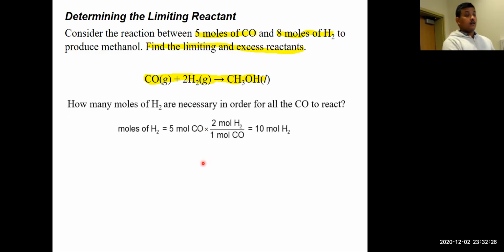Let's do that. If you have 5 moles of CO, how many moles of H2 you need, using the mole-to-mole conversion factor, is 10 moles of H2. Okay, that's what you have to do.